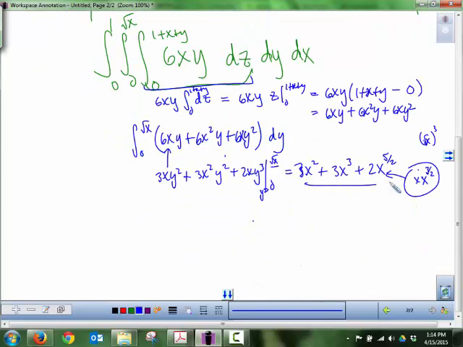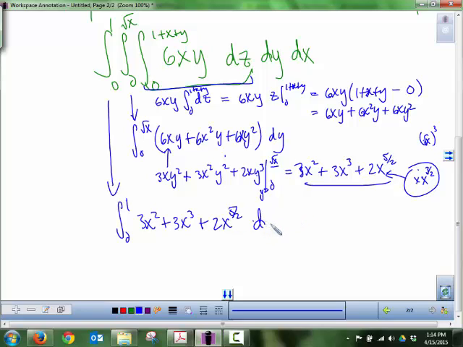All right, now we have a function in x that we can integrate with respect to x. And so finally, our integral from 0 to 1 of 3x squared plus 3x cubed plus 2x to the 5/2, this time with respect to x.